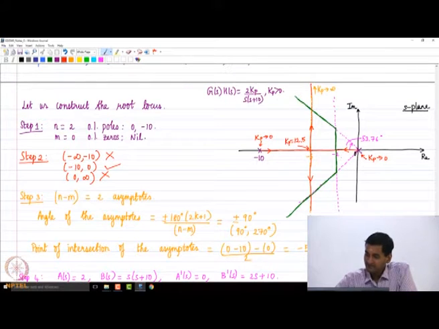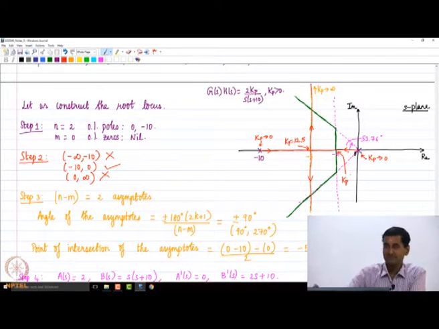First, I need to find the value of Kp at -2, because one branch of the root locus starts from 0, keeps on coming to the left as Kp keeps on increasing, and it comes within this performance region only when it crosses S equals -2. So how do I find the value of Kp at S equals -2? Obviously, I substitute S equals -2 in the closed loop characteristic equation.